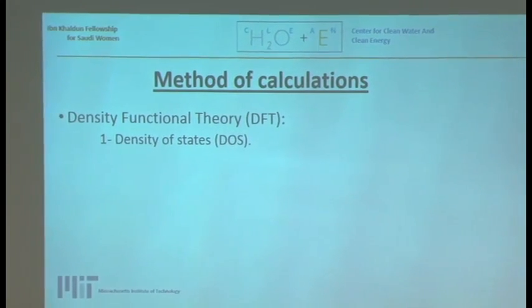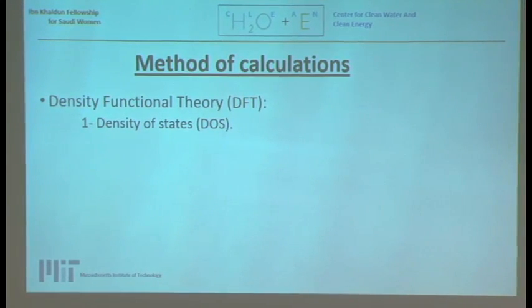So we use density functional theory, DFT, which is a quantum molecular modeling method used to investigate the electronic structure of the ground state of many-body systems. We will use DFT to calculate the density of states, which gives the states that are available in the system to be occupied, and the projected density of states, which gives the contribution of the atomic orbitals to the total density of states.